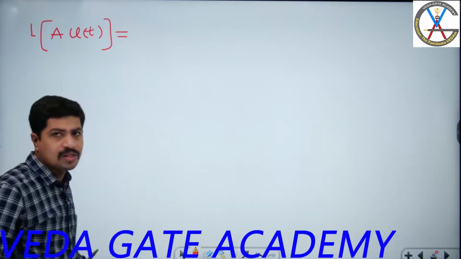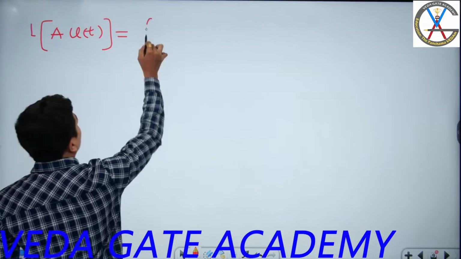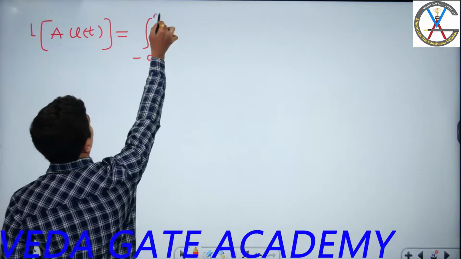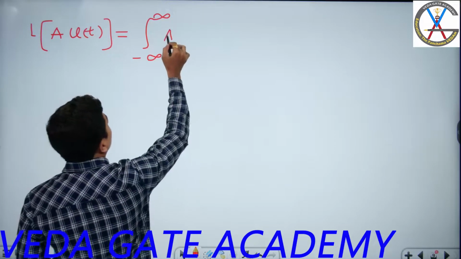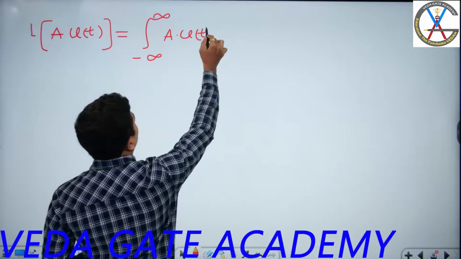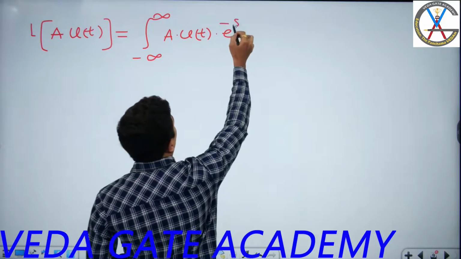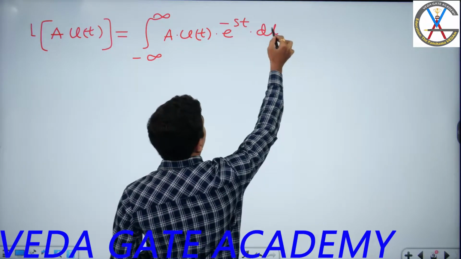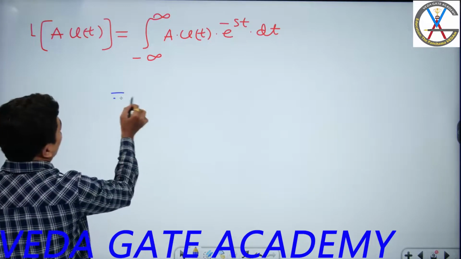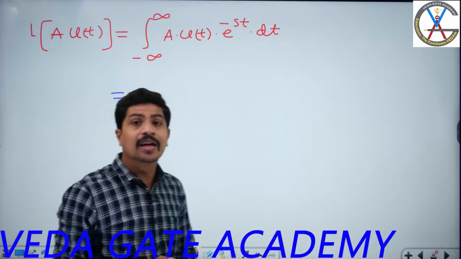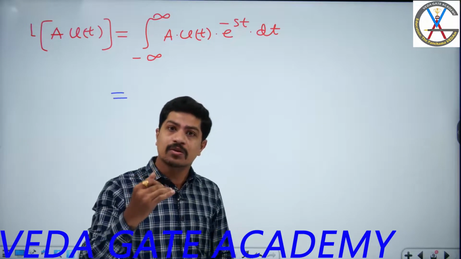What is the formula? Integral from minus infinity to infinity of f of t, which is a into u of t, into the kernel e power minus st dt. Now observe here. U of t is the signal which exists only from 0 to infinity.